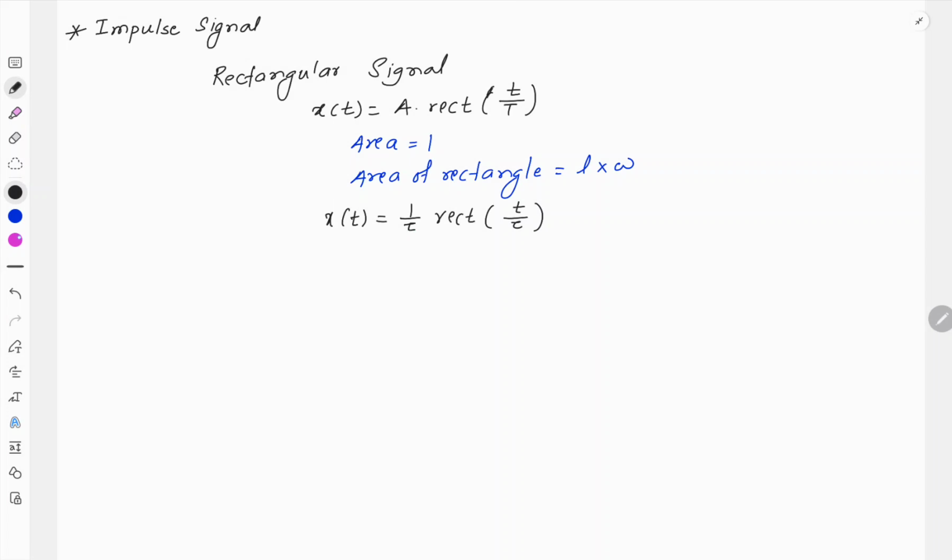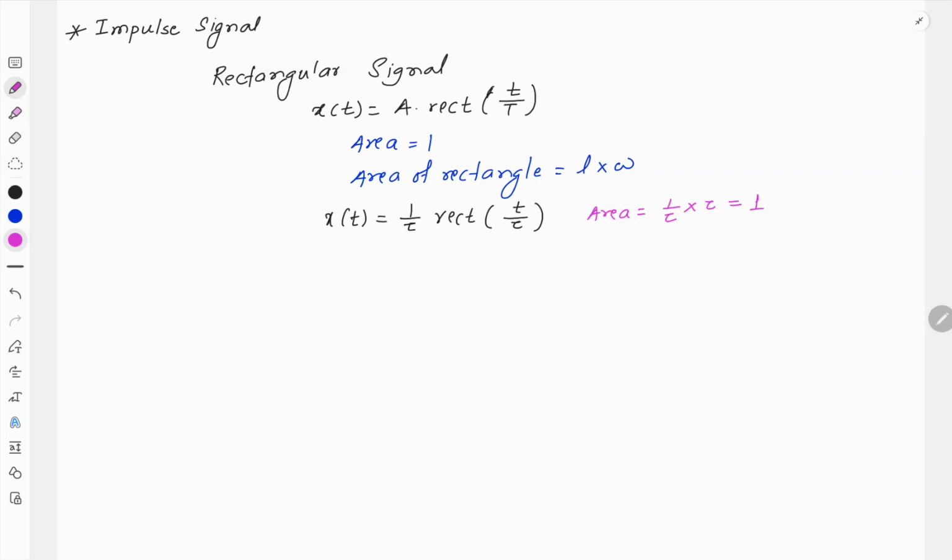Therefore, if we find area for this rectangle whose height is 1/tau and its width is tau, we'll get area equal to 1. So with this equation, we can derive the impulse function.